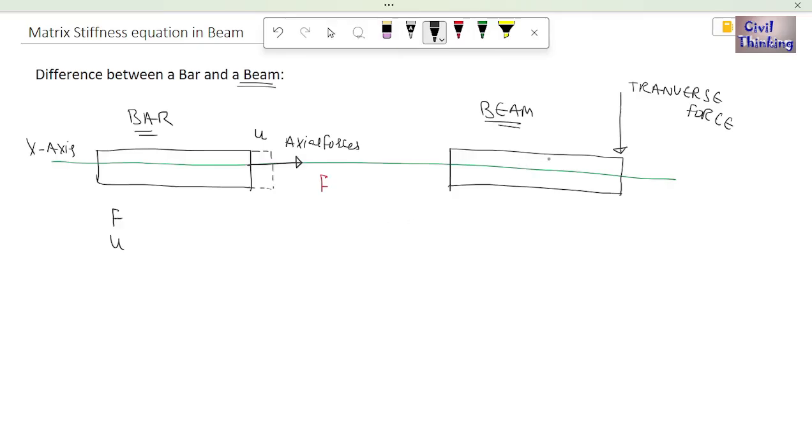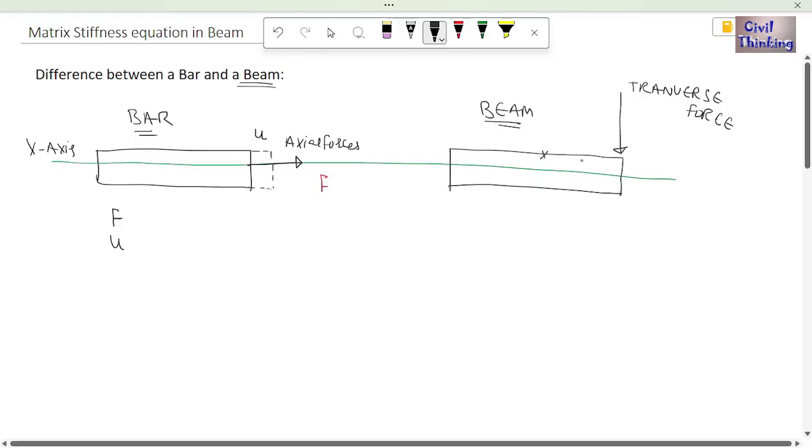Besides that, when we have transverse forces present in a beam, there will also be bending moments. For example, if I take this point at some distance x, then the moment is going to be this transverse force F times x.